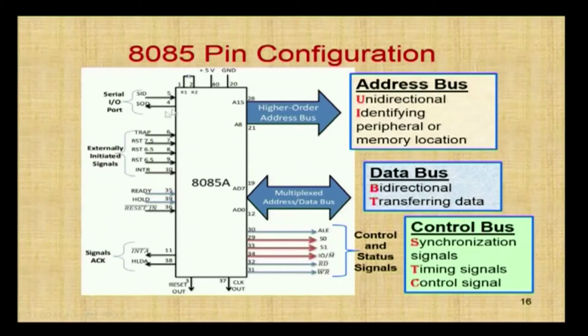And you have the serial I/O ports, because as I already mentioned, if you want to send 8-bit data simultaneously, you will require 8 wires, which may make your connection more expensive.